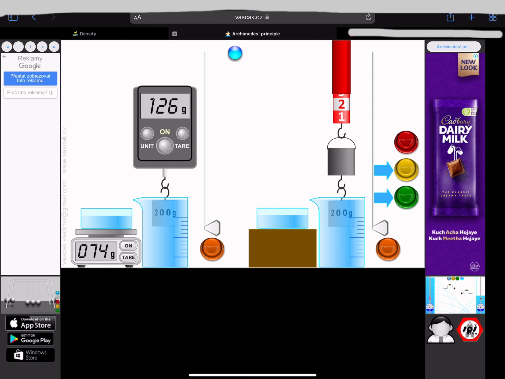One is that when you immerse the block completely into the liquid, there will be a loss of mass. As you can see, instead of 200, now your meter is showing 126. The 74 gram of water has moved from the measuring cylinder to another dish, and this shows how much upthrust you have.